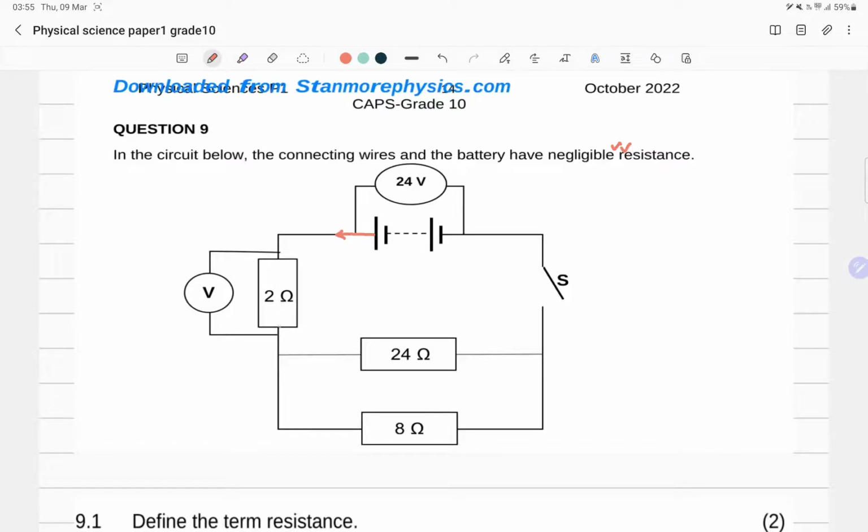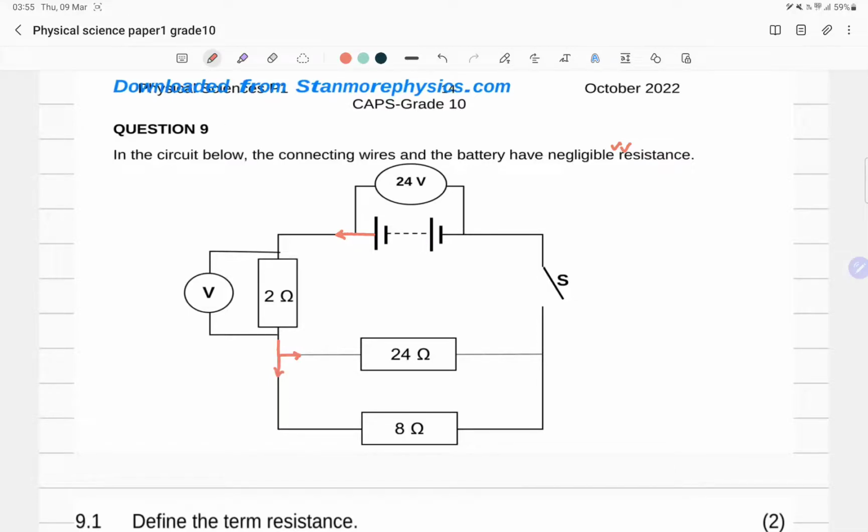It's going to go through that resistor, but when it gets here, it splits into certain proportions according to the resistors. Of course, the higher resistance will take the smaller proportion of the current, and the smaller resistor will take the greatest proportion of the current. Why? Because charge wants to flow in an area of the least resistance.